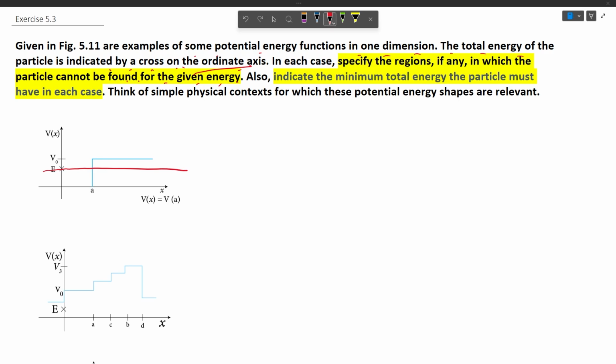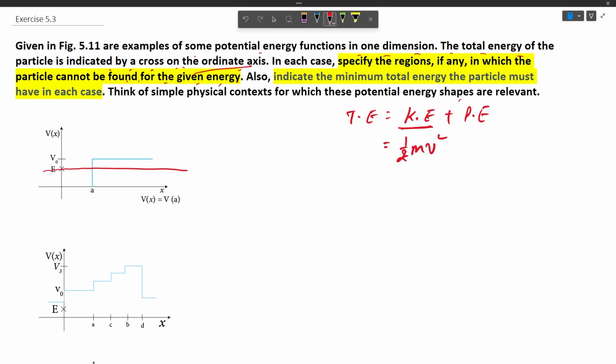Now think of some simple physical contexts for which these potential energy shapes are relevant. So let us recap the total energy. Total energy can be expressed as the summation of kinetic energy and potential energy. We all know the expression of kinetic energy as half mv squared.